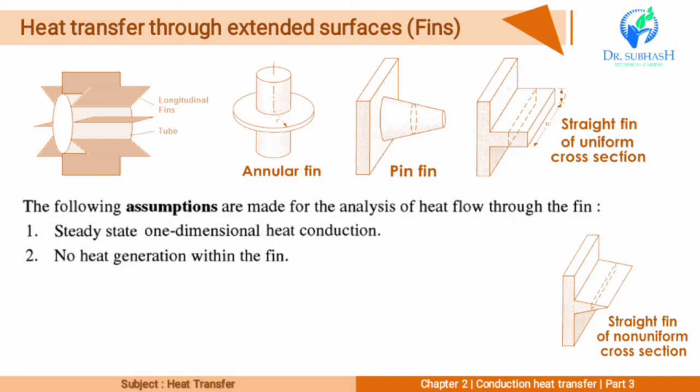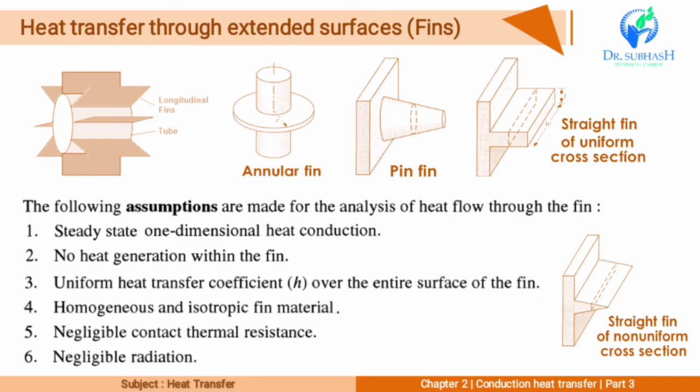Number 1, steady state one dimensional heat conduction. Number 2, no heat generation within the fin. Number 3, uniform heat transfer coefficient over the entire surface of the fin. Number 4, homogeneous and isotropic fin material. Number 5, negligible contact thermal resistance, and number 6, negligible radiation.